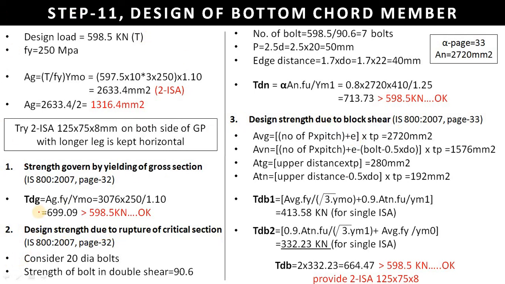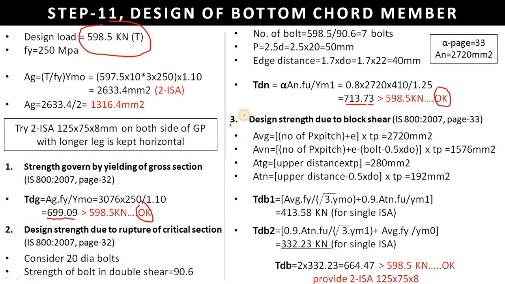I have obtained the strength governed by yielding of gross section as 699.09, which is greater than the design load, which means it is safe. Coming on to the second step, the design strength due to rupture of critical section, we have obtained 713.73, which is greater than the design load, which is safe, and it is okay.